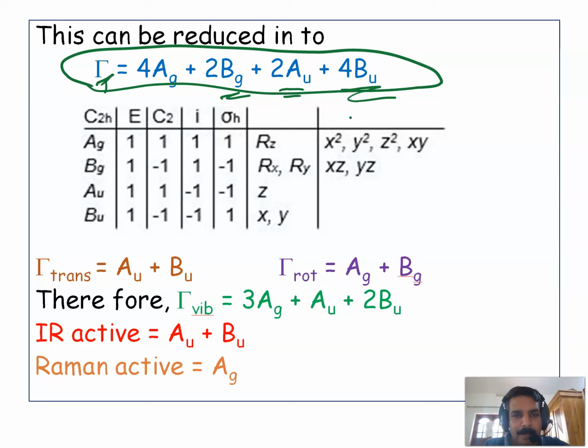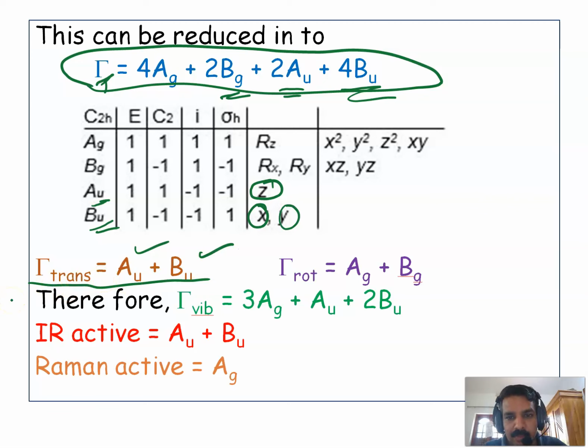From the character table of C2h, gamma translation is here: z is Au, and x and y are Bu. So Au plus Bu is the gamma translation. And gamma rotation is Rz, Rx, Ry, that is Ag plus Bg plus Ag.